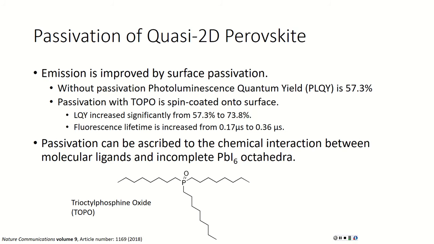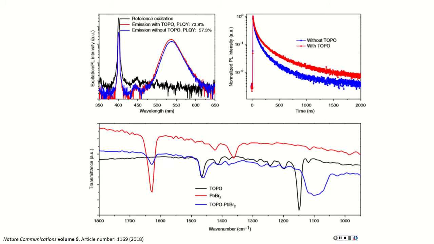So with this passivation, they were able to get these nice charts. First one I'll mention is the excitation or the quantum yield. So not much of it changed. You still got the same type of emission. Intensity doesn't change. It's just how much light you receive back changed by almost a quarter.